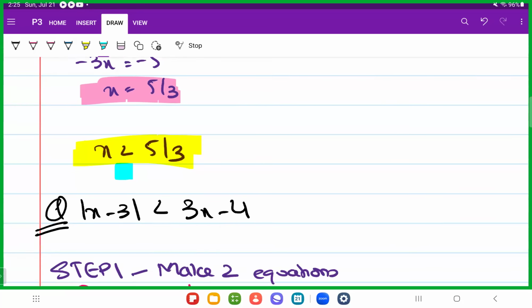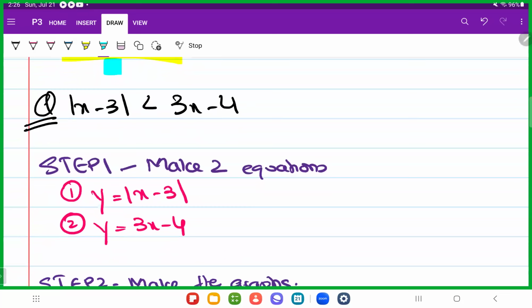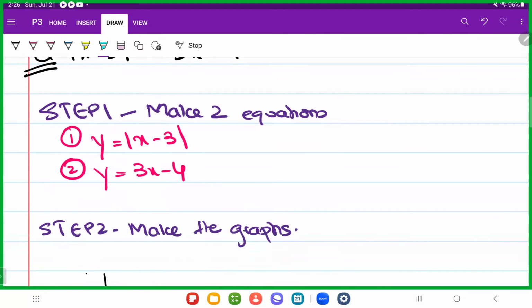Is that clear? Okay. Let's do another question on this. First of all, this is my equation. It only has modulus on one side. So that gives me the hint that it is a linear equation and a modulus equation, all right? And it has an inequality as well. So you have to make two different equations. Once you've made two different equations, you make the graph. So you have to sketch this graph also and you have to sketch this graph also.